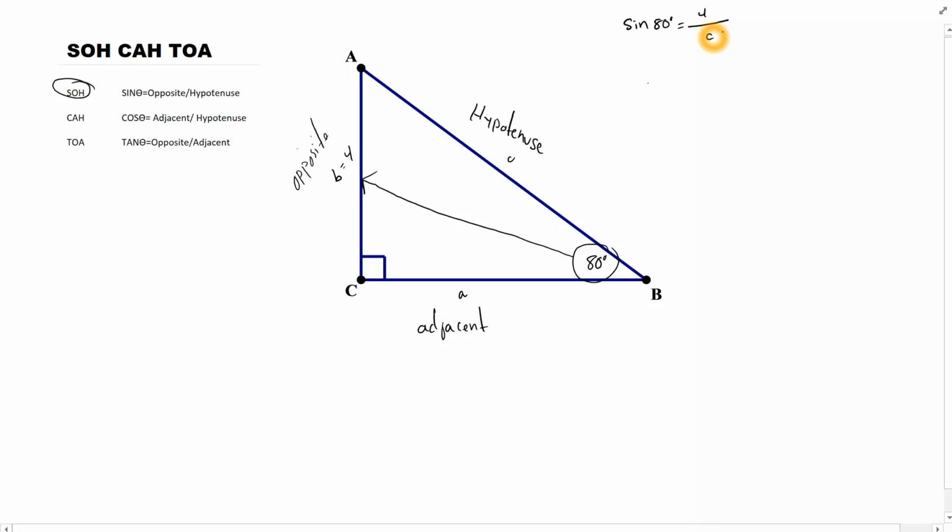And we're gonna solve for c, so we multiply both sides by c. Now we have c sine of 80 equals 4. Now we're gonna divide it by sine of 80. They cancel. Now we're left with c equals 4 over sine of 80 degrees. And that is approximately equal to 4.06.